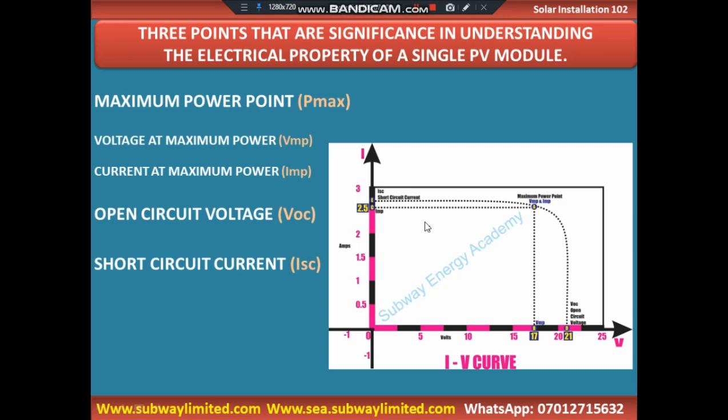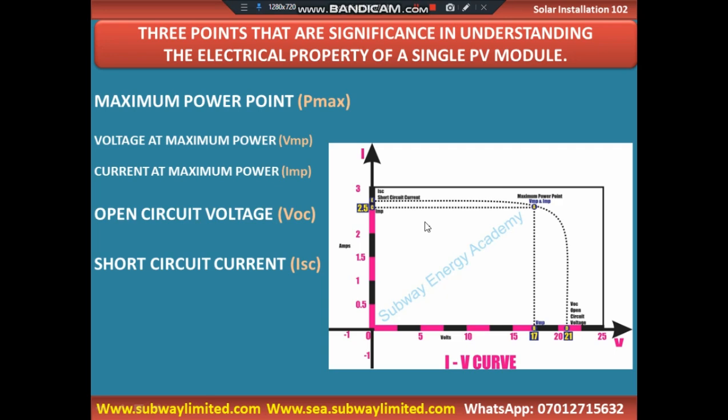If you expose the solar panel in an open field, you might not really have exact values that are on the nameplate, because those values that you are seeing were conducted under standard test condition.